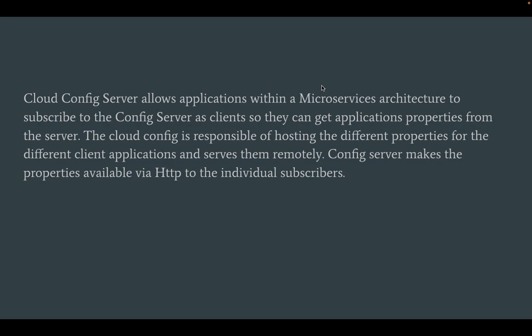The create account microservice will have its configs issued to it independently, and then the transaction microservice will have its own config issued to it in isolation. But both of these are being served by the config server.